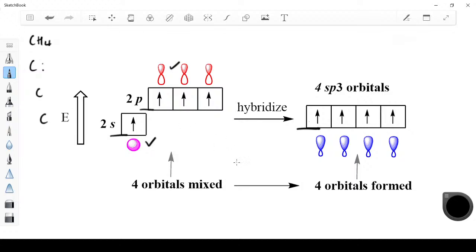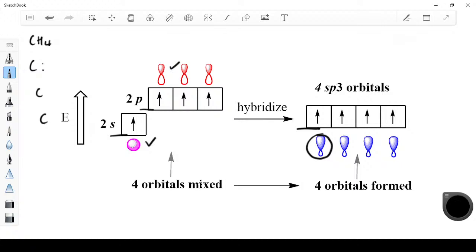Now, if you look at this hybrid orbital, you can see that it is much bulkier compared to the p orbital's dumbbell shape. This bulkiness is a consequence of increased s character, and we know that s character is directly proportional to the bond angle. Greater the s character, greater will be the bond angle.